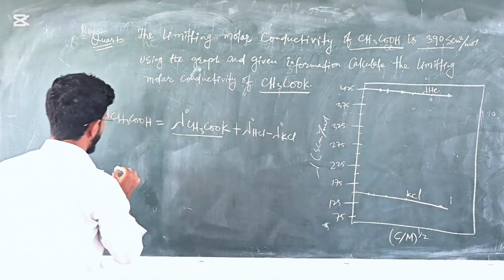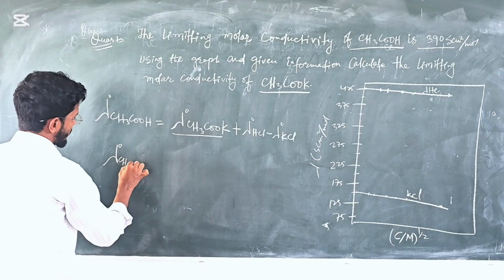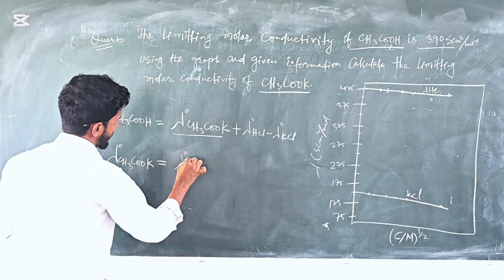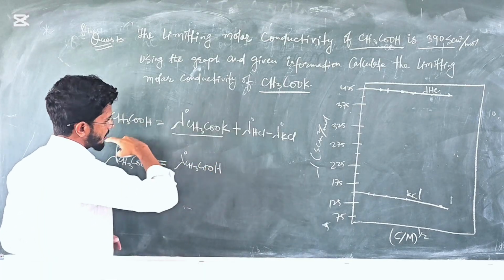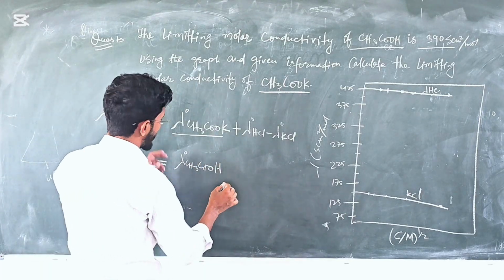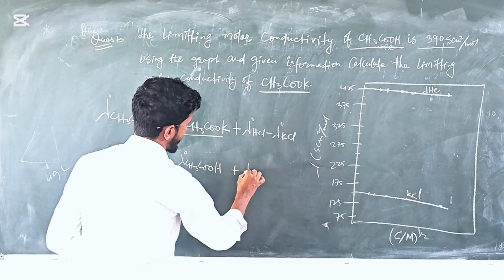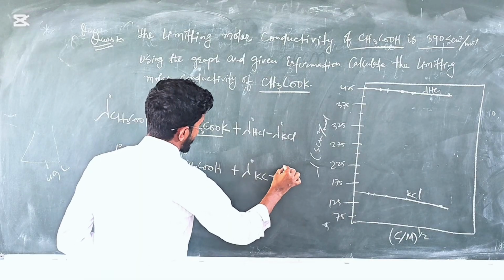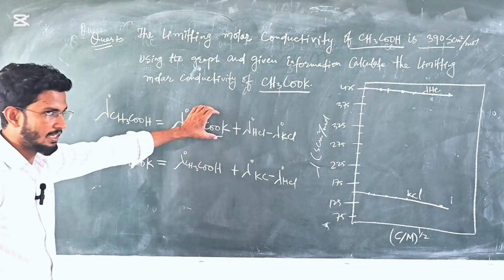From here we can write lambda, the molar conductivity of CH3COOK, is equal to lambda naught CH3COOH, and if we move this to the other side, this becomes plus and this becomes minus, that is lambda naught KCl minus lambda naught HCl. Okay, we get this by rearranging this equation.